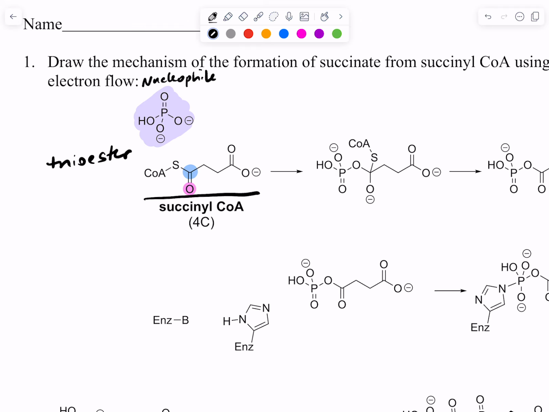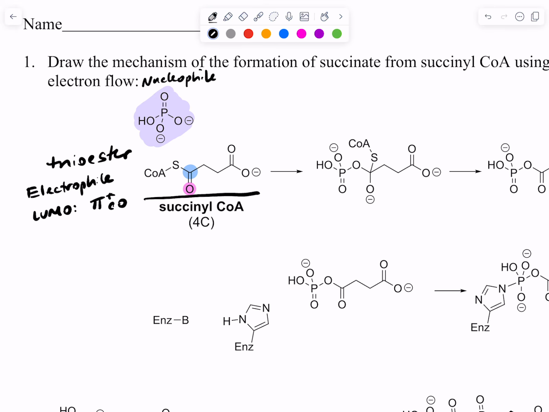That means the thioester is your electrophile. If it's the electrophile, we care about the LUMO. What is the LUMO of the thioester? Carbon, oxygen, pi star. Good. Notice that we're ignoring the carboxylate. Why? Because that's level 4 and thioester is level 1.